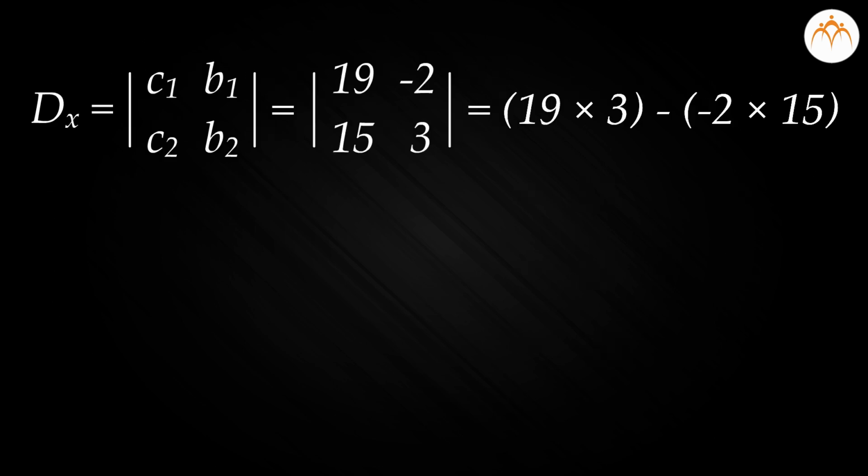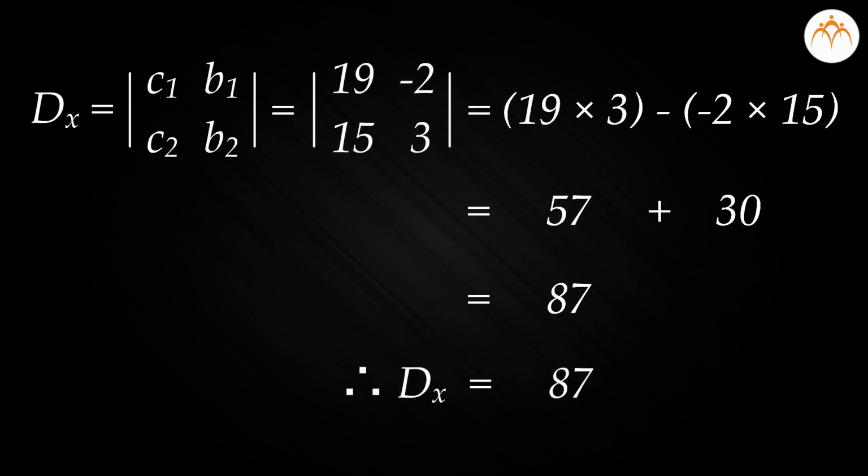Determinant Dx is equal to c1 and b1, c2 and b2, equal to 19 and minus 2, 15 and 3, is equal to 19 into 3 minus minus 2 into 15, is equal to 57 plus 30, is equal to 87. Therefore, Dx is equal to 87.